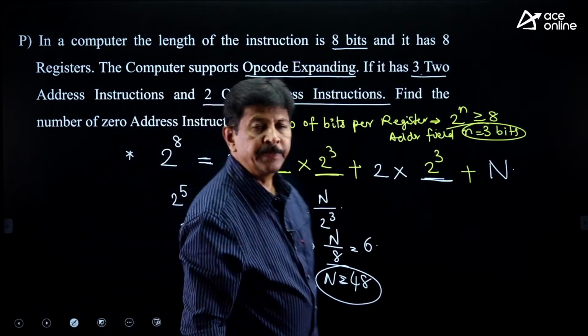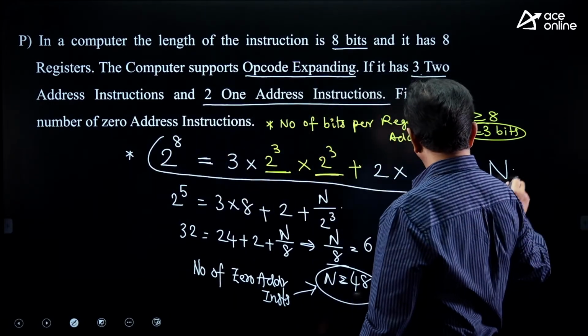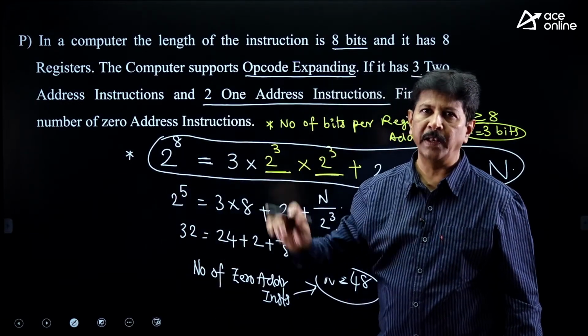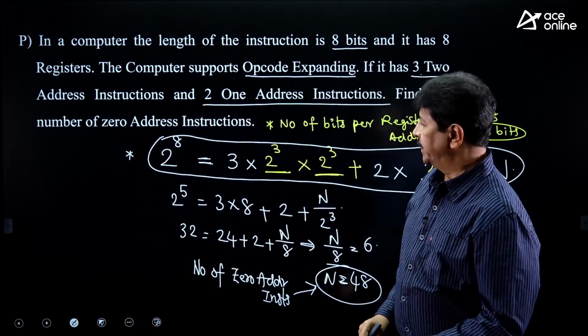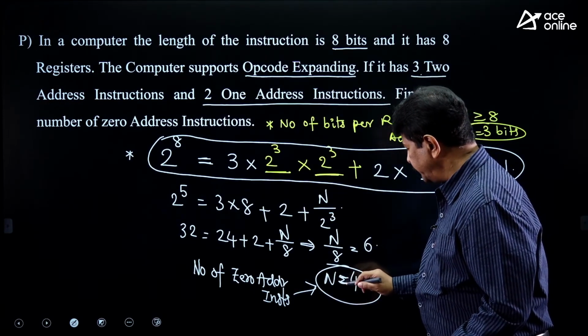Yeah, that's it. So if you remember how to write this, any such question we can successfully answer. It's very simple. So the number of zero address instructions is totally 48.